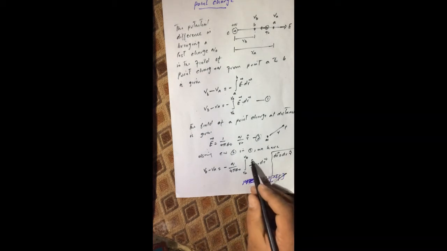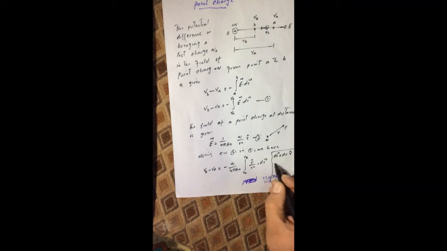So r cap dot dr vector will give us r cap dot r cap times dr. Now this becomes dr times r cap dot r cap, which is 1 because these are unit vectors. So this whole quantity r cap dot dr is equal to dr.